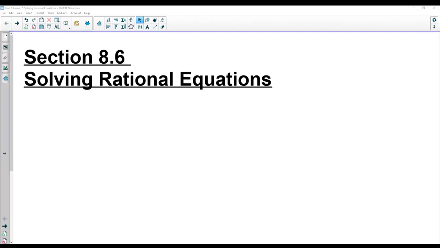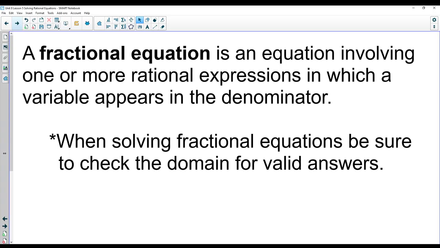So everything that you have done so far with simplifying, adding, subtracting, all has a play in this lesson. We're going to take all of those tools that we've talked about up until now and apply them to solving rational equations. We need to be aware that a fractional equation is an equation involving rational expressions, which means that there's a variable in the denominator.